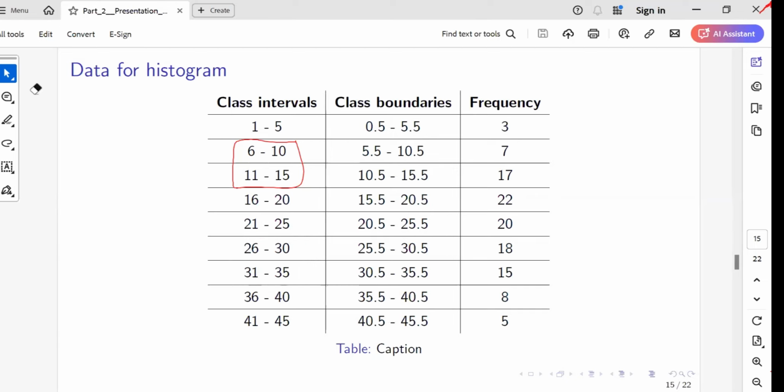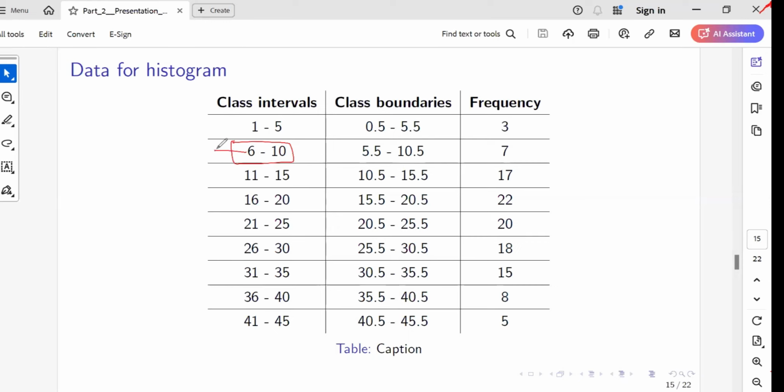Let me label these things very well. Now for any class interval, let me take this particular interval. It could be any of them.